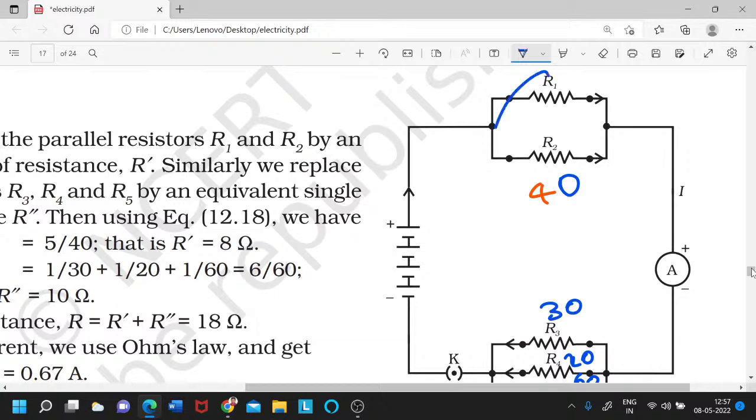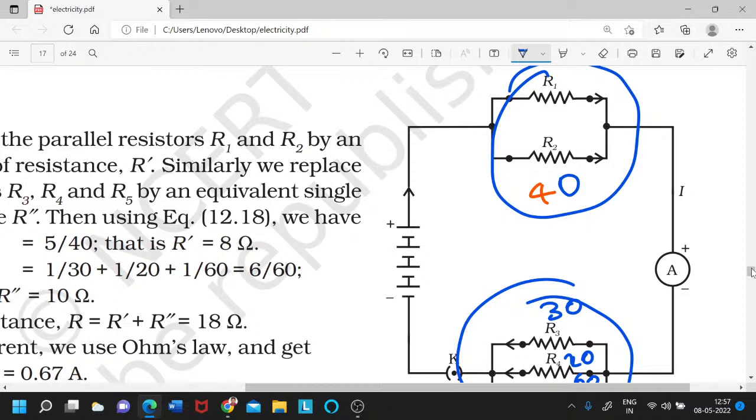First you find this 2 solution, then you find this 3 solution, then these 2 will be in series. Don't take everything as parallel. Now see here, the first thing is to find these 2 in parallel. 1 by Rp is equal to 1 by 10 plus 1 by 40.